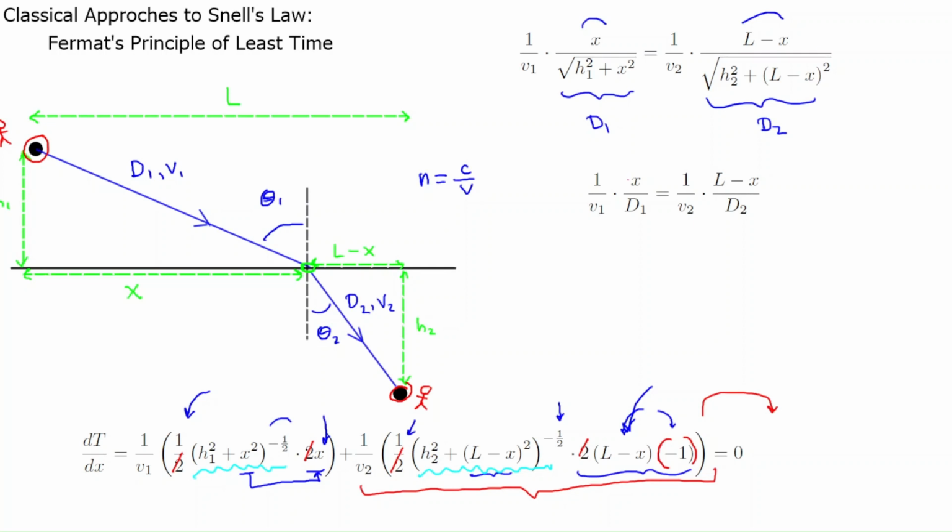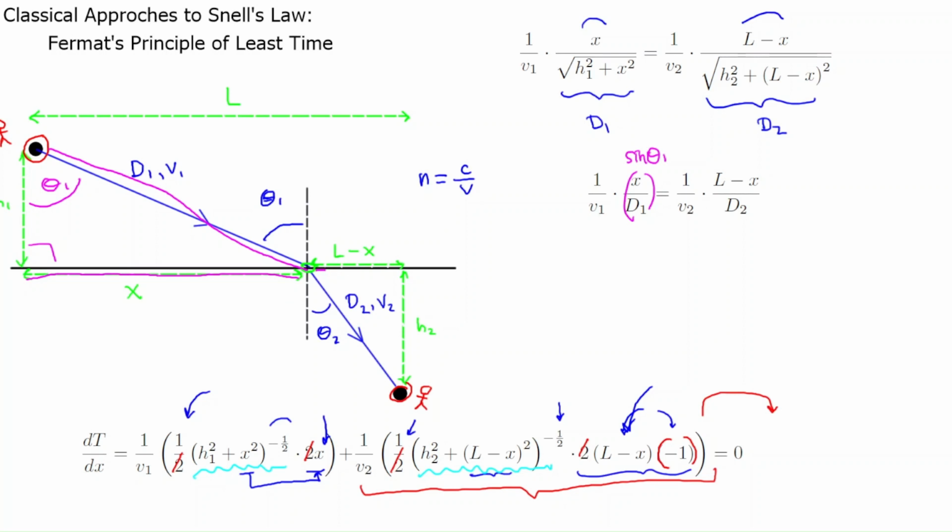So, x over d1. We're taking the ratio of these two sides of that triangle. Angle theta 1 lives right there. If you take a careful look at this right triangle, x over d1 is really the sine of theta 1.